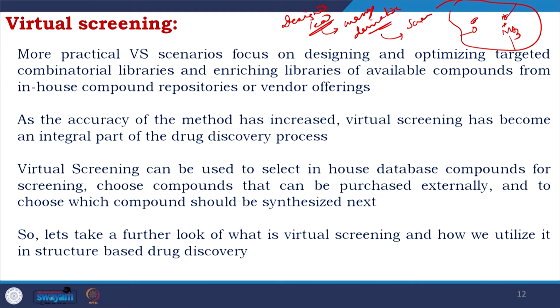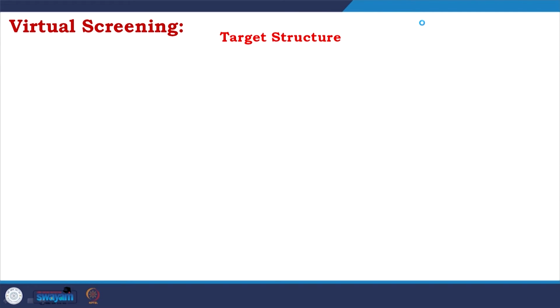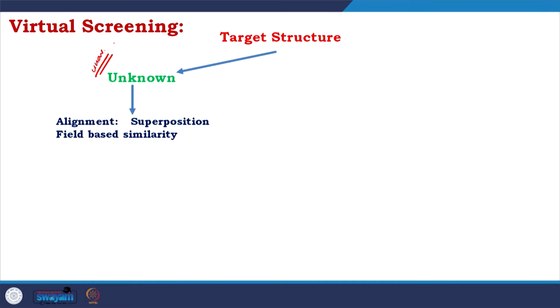So, now we will take a look at virtual screening and how we could utilize it in structure based drug discovery. As I told, in structure based drug discovery there is a target structure, but virtual screening is also possible where the structure is unavailable, like alignment, which is superposition, and field based similarity.